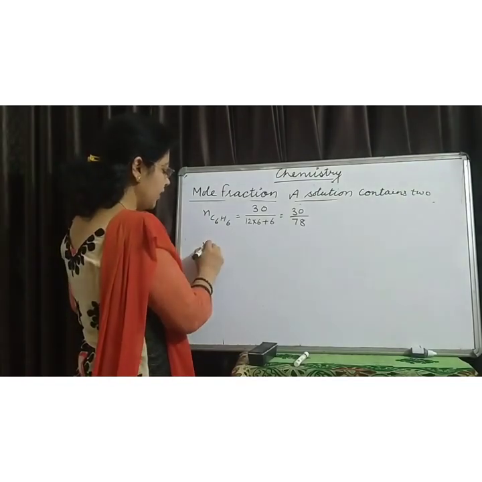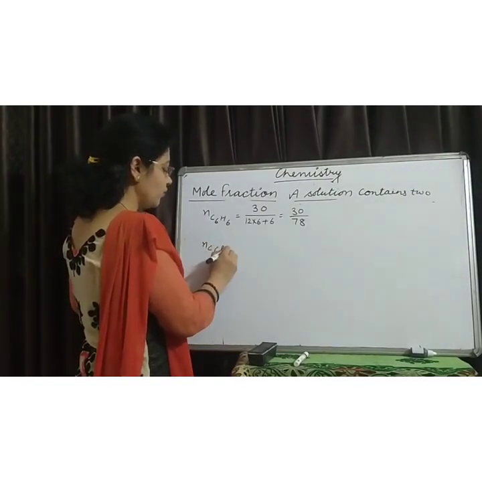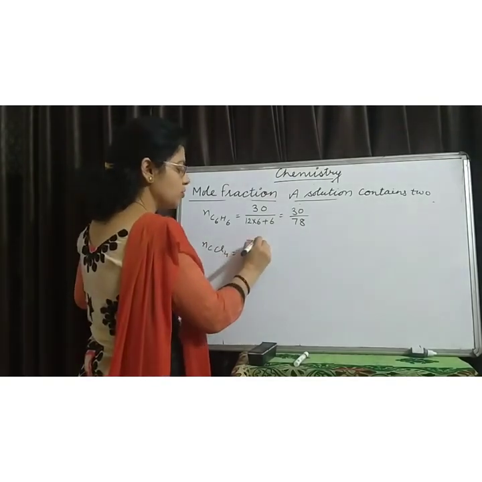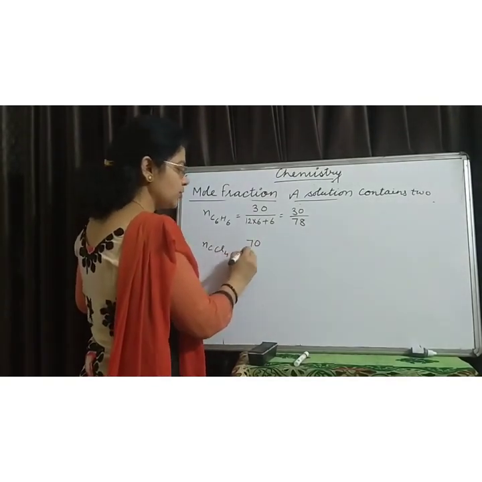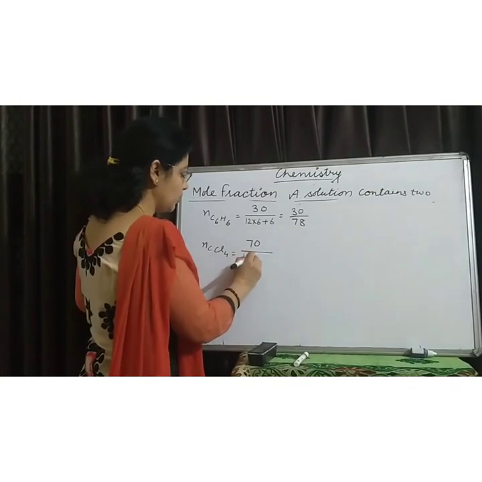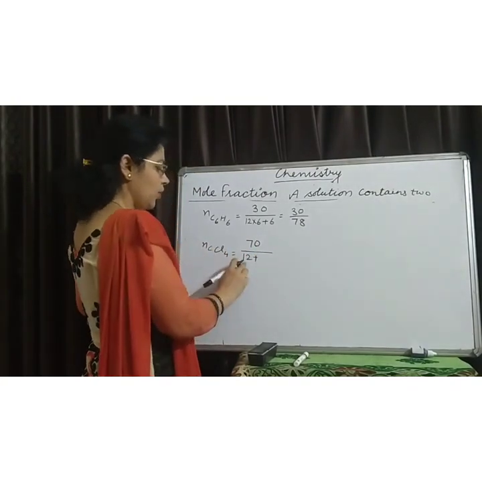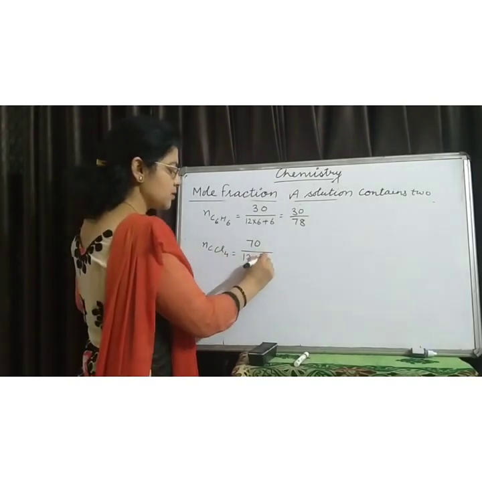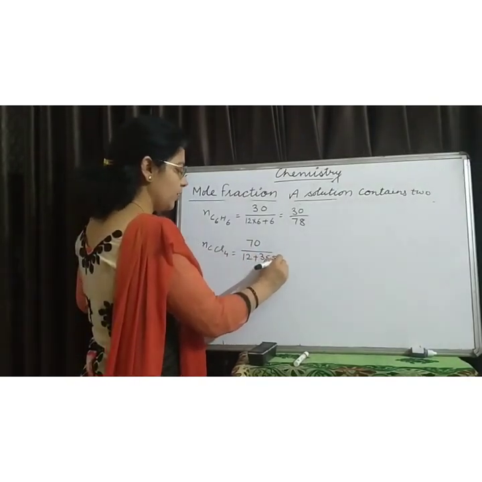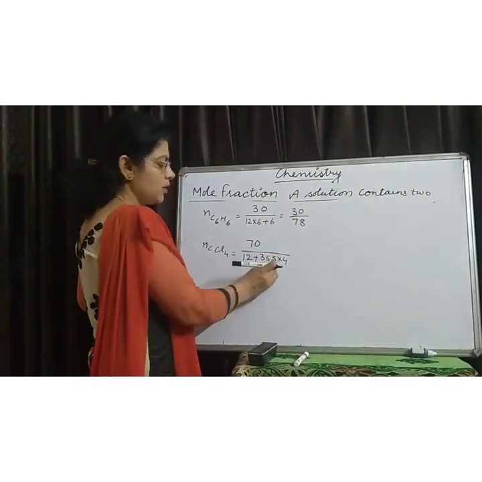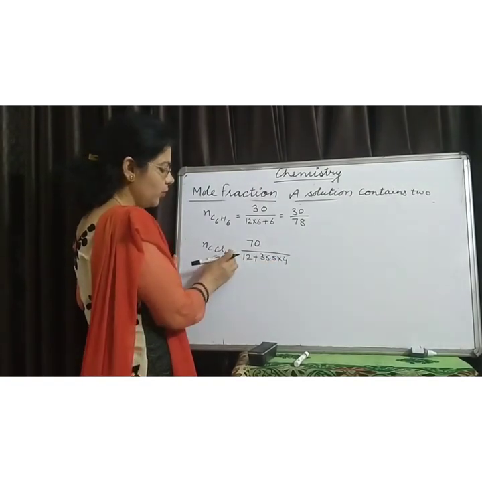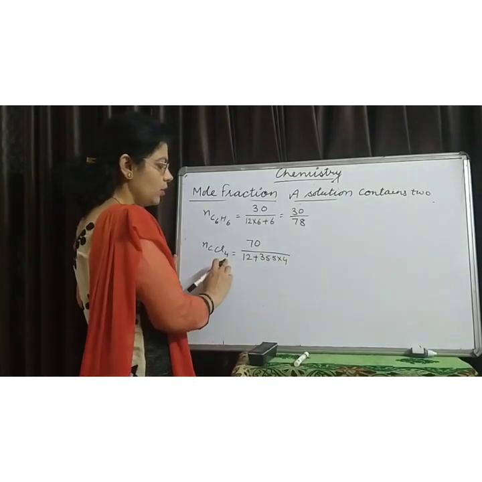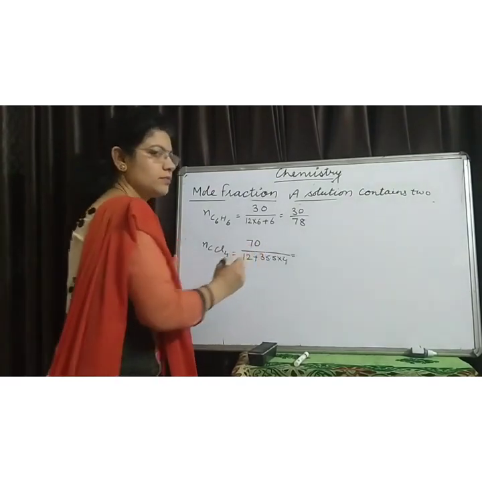Similarly, we have to find the number of moles of carbon tetrachloride, that is the mass of carbon tetrachloride in the solution divided by its molecular mass. The molecular mass of carbon tetrachloride is 12 plus 35.5 into 4. Here 35.5 is the atomic mass of one chlorine and 4 is the number of chlorine atoms.